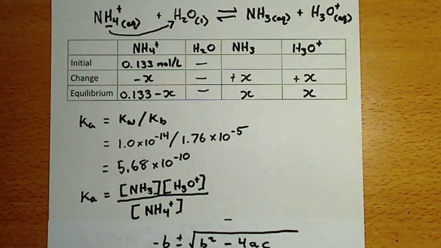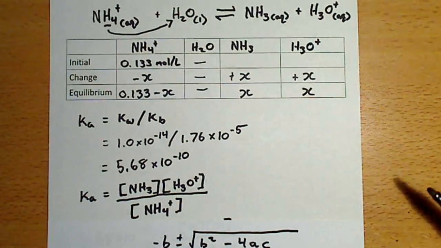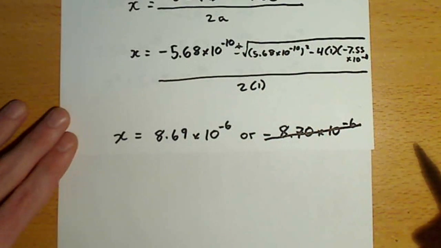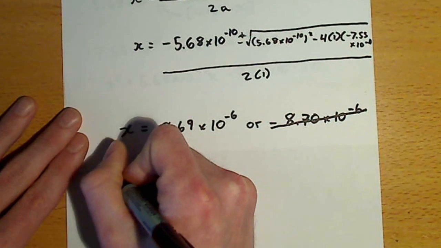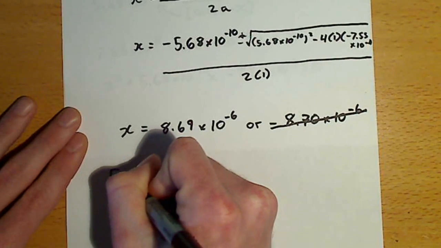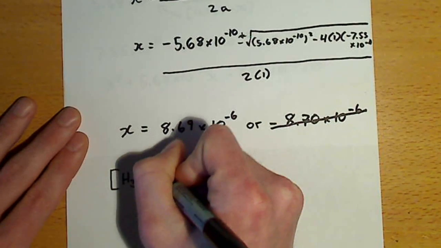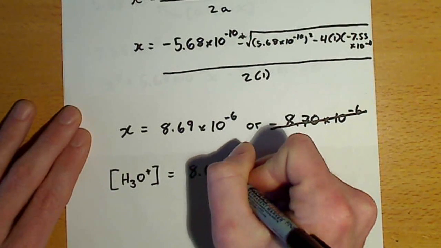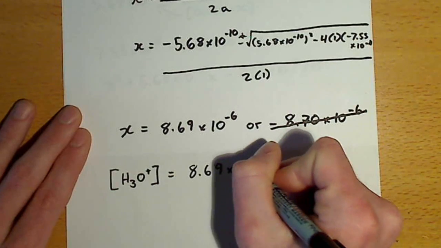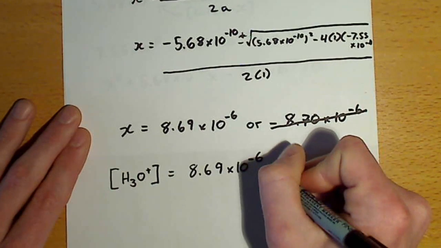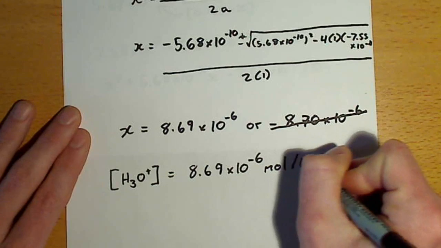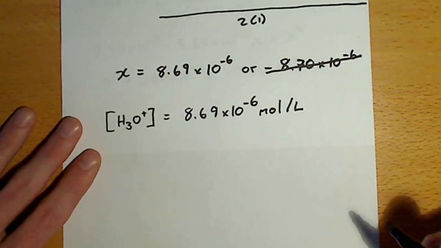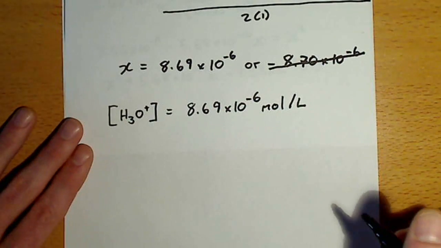Because x represents the value of our hydronium ion concentration, we'll set the hydronium ion concentration equal to the value that we've found. Knowing the concentration of hydronium ion, I'll use my pH equation and solve for the pH.